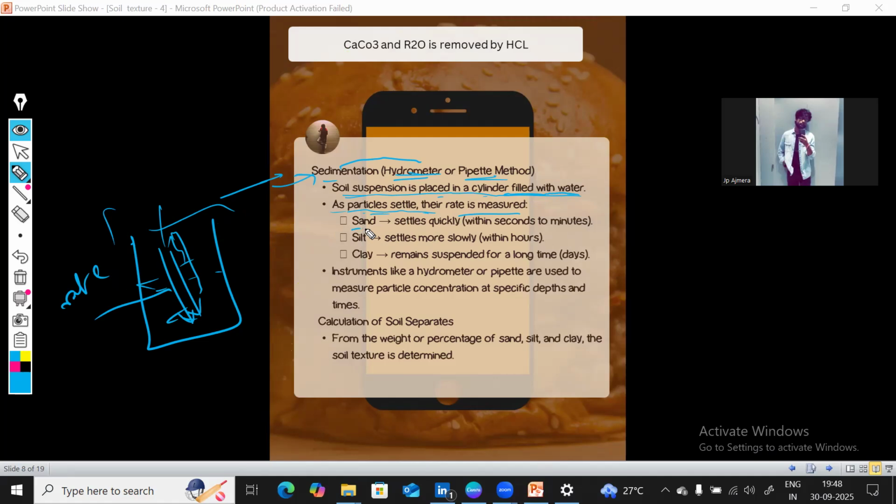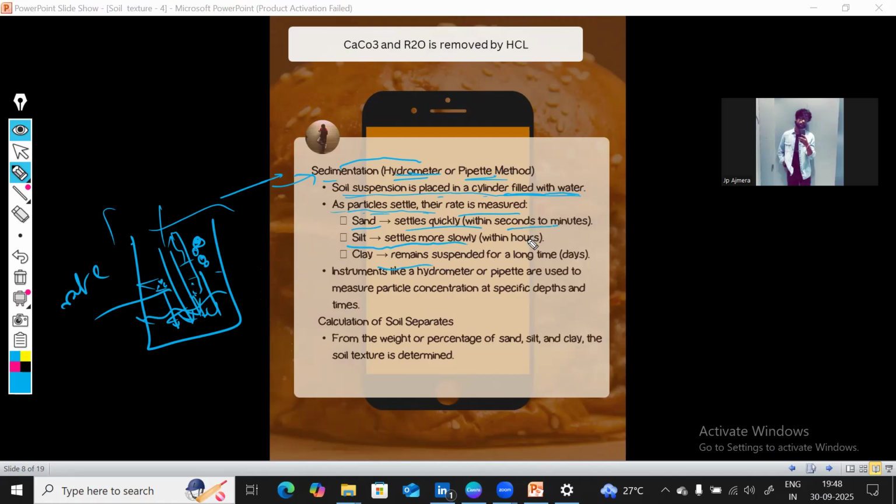Simple. Sand settles quickly because it is bigger in size. When particles are bigger, they quickly settle down. If the particle size is a bit smaller, then it goes a bit more slowly. If the particle size is very small, they take a very long time to settle down. Simple as that.